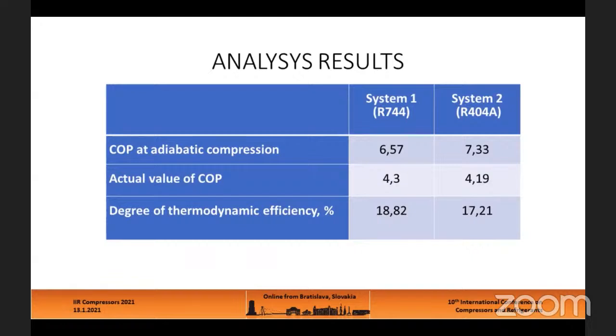COP at adiabatic compression is 6.57 for System 1, CO2, and 7.33 for R404A. Actual value of COP is 4.3 and 4.19 for R404A. Degree of thermodynamic efficiency in percent is 18.82 and 17.21 for the R404A system 2.